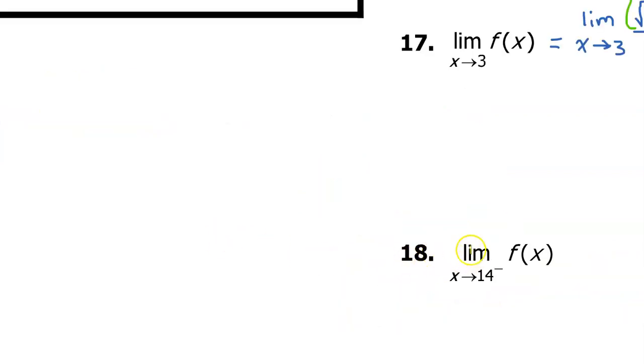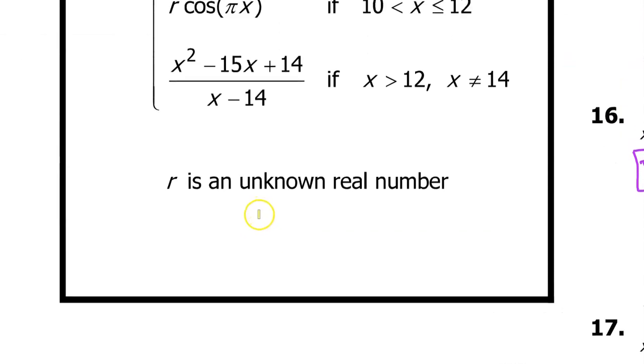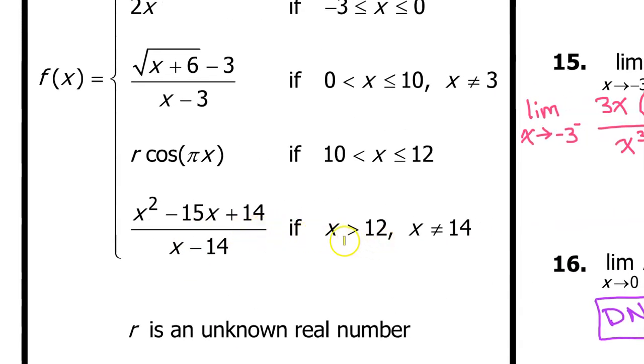For number 18, we need to find the limit as x approaches 14 from the left. So let's see which part of the piecewise function will apply. So regardless of whether we are approaching 14 from the left or the right, we are definitely going to be greater than 12.